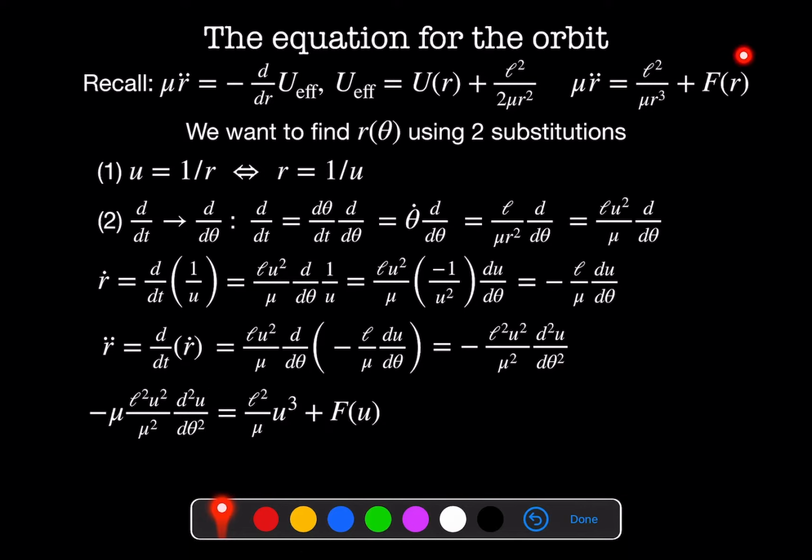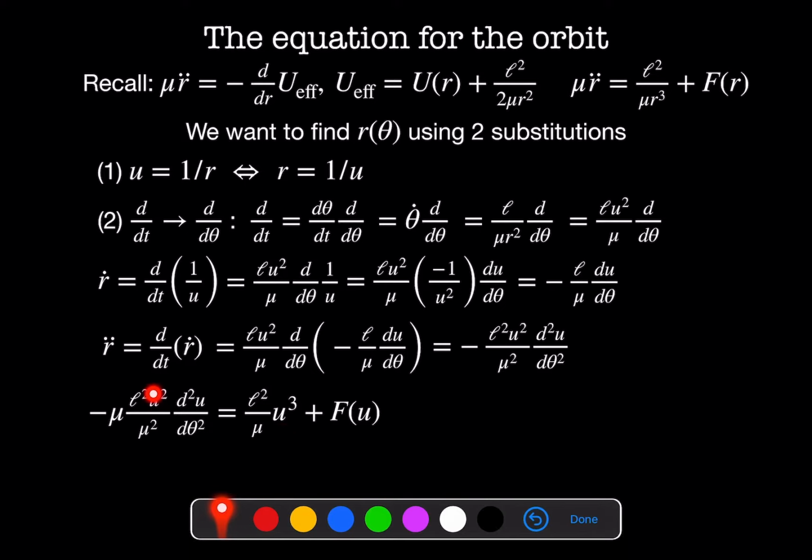Plug this back into our equation of motion up here, I end up with this term here, which is kind of a mess. So I've got a whole bunch of constants out front. I've got minus μ L² u² over μ², d²u/dθ² is equal to L² over μ times u³ plus f of u.